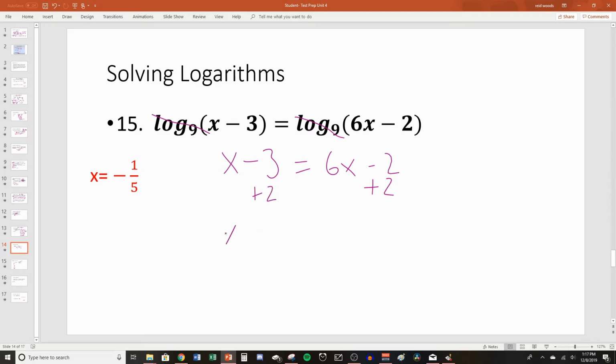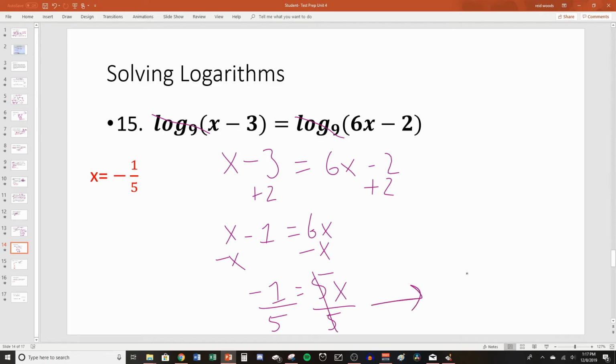That gets me x minus 1 over here equals 6x. Let's subtract x from both sides. Negative 1 equals 5x. And then I divide by 5. That goes away and we get our answer, which is negative 1 over 5 equals x, which is what we see right here in red.